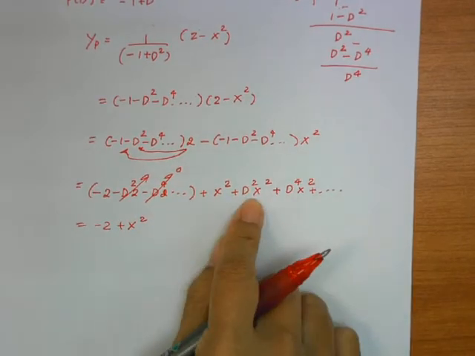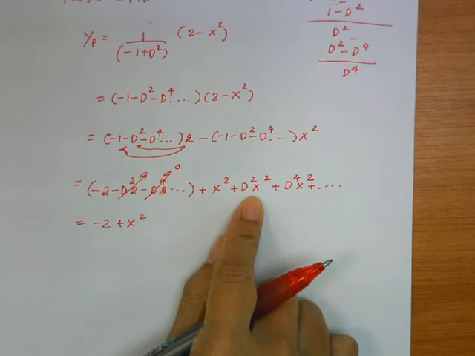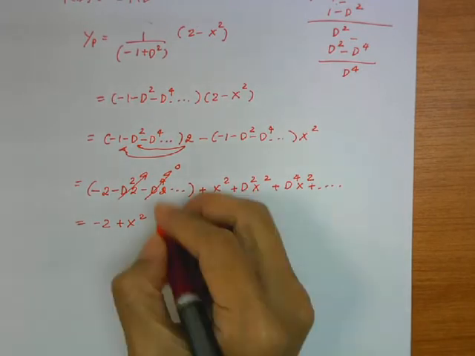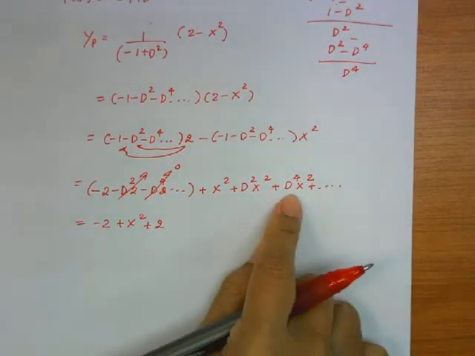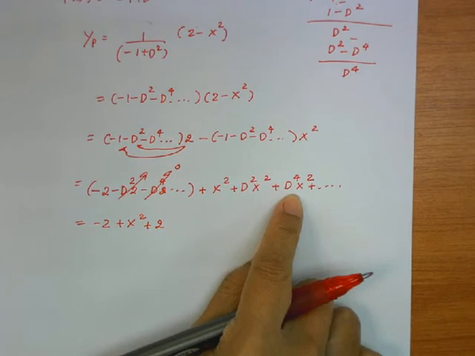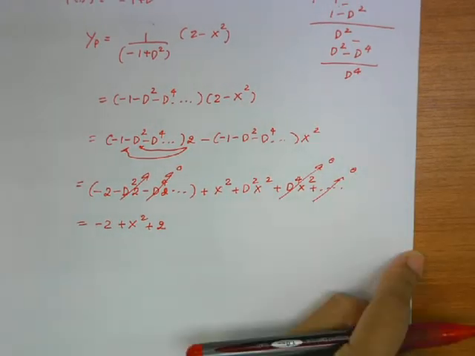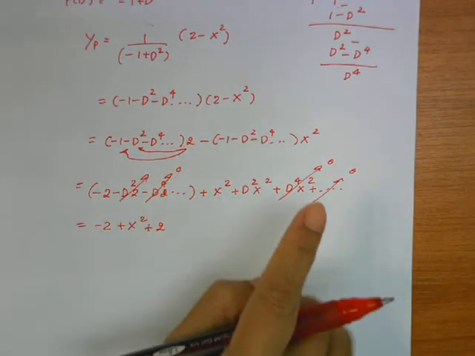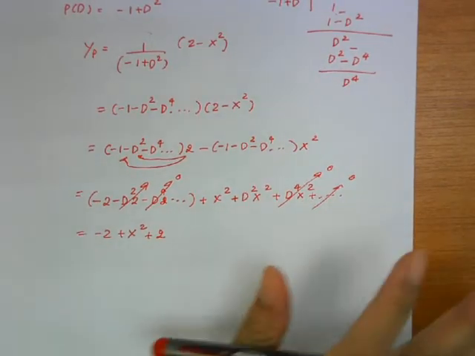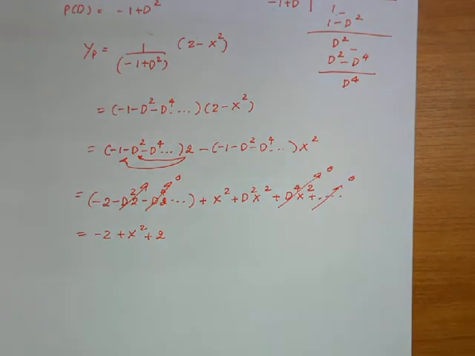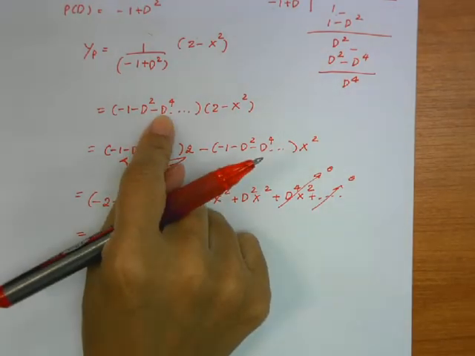What is the second derivative of x squared? 2. What is the fourth derivative of x squared? 0. So how about the rest of the terms? 0. So that's why when you write down the 1 over PD, it's saying that you stop at the k-th derivative of the function.